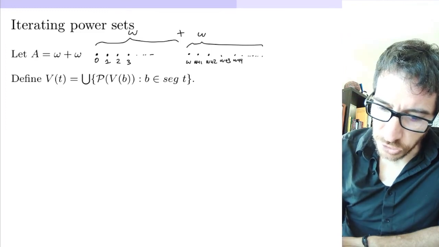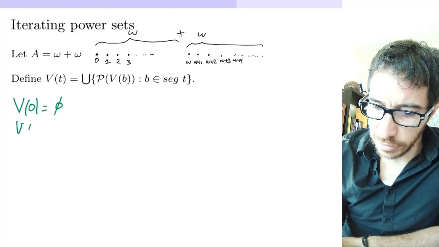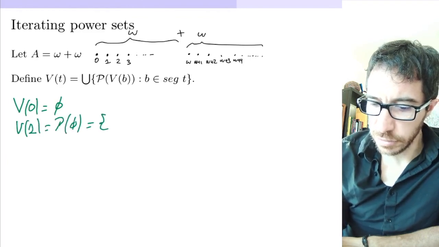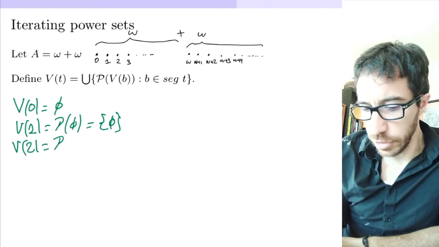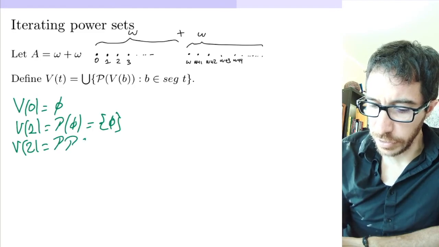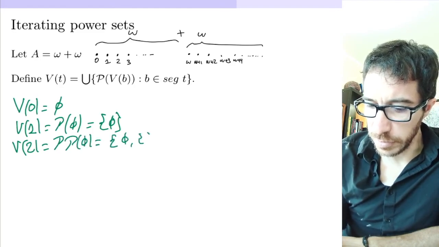If you remember, V0 was the empty set, and V1 was the power set of the empty set, which is just that. V2 was the power set of the power set of the empty set, which contained the empty set and the set with the empty set.